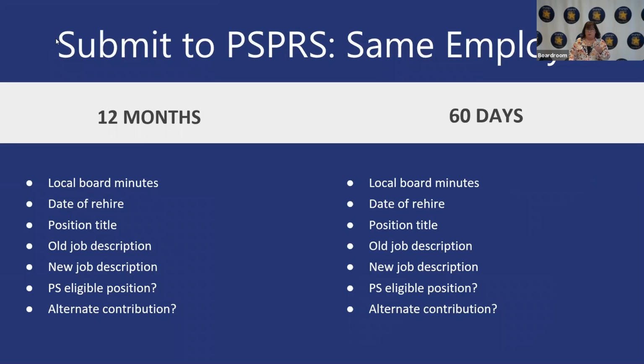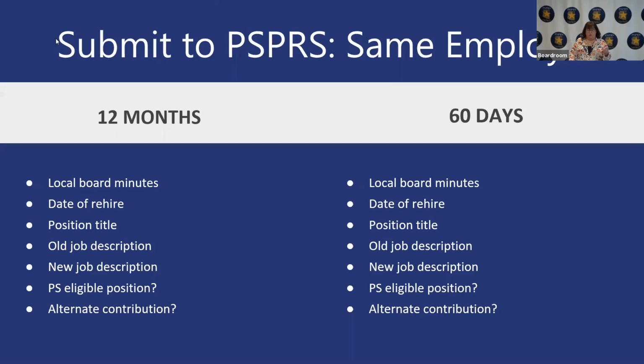So when it comes to submitting information to public safety, same employer, before 12 months, after 12 months, or 60 days, we're going to review here in our office local board minutes, date of rehire, the position title.